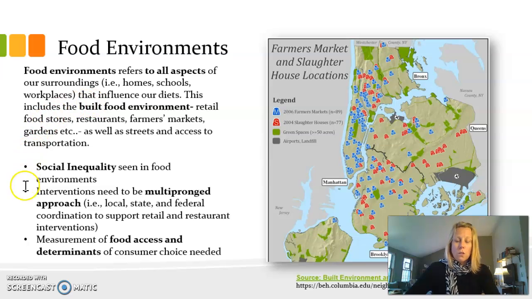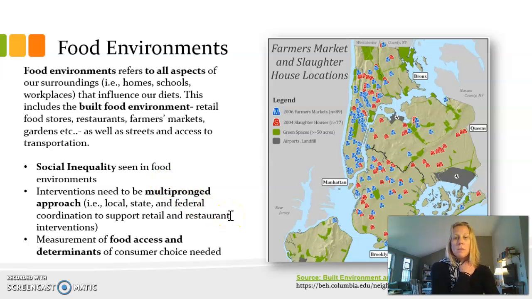A few notes that I wanted to highlight when talking about food environments. We know, and we've talked about this semester, that social inequality exists in the built food environment in terms of having access to fresh fruits and vegetables and good food. We know that there is great disparity in where the good food access points are in these food environments.